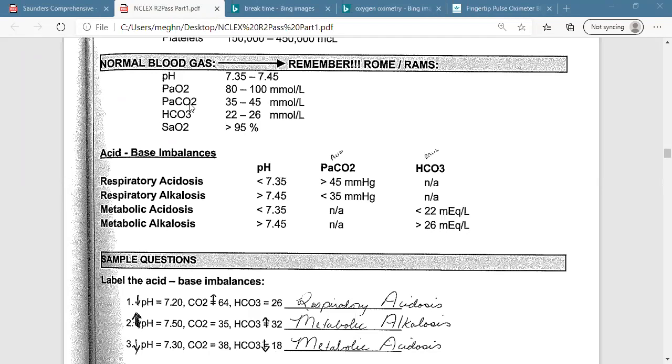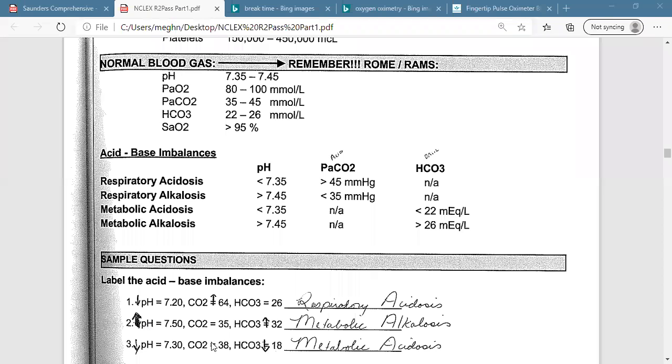Carbon dioxide is a marker of respiratory, and bicarbonate ion is the marker of metabolic. In question number 2, we checked the pH. Carbon dioxide is 35, within the normal range, so no headache because it is normal. But bicarbonate is abnormal. It is increased. Bicarbonate ion is a marker of metabolic problem, and from the pH we already found metabolic alkalosis.